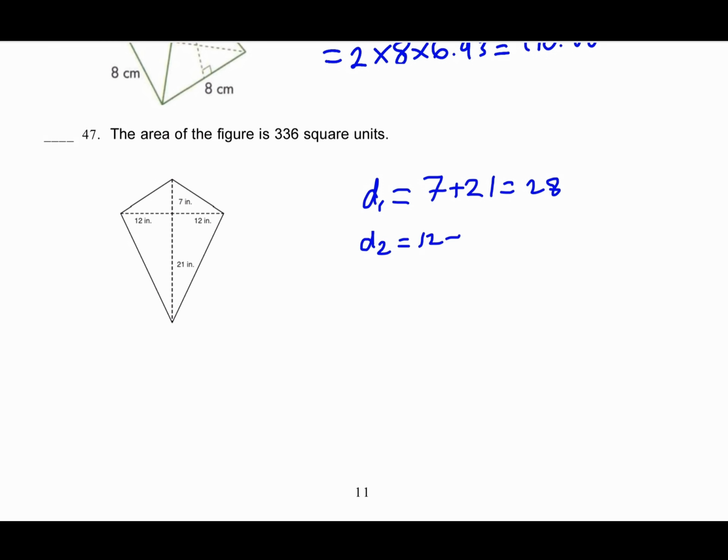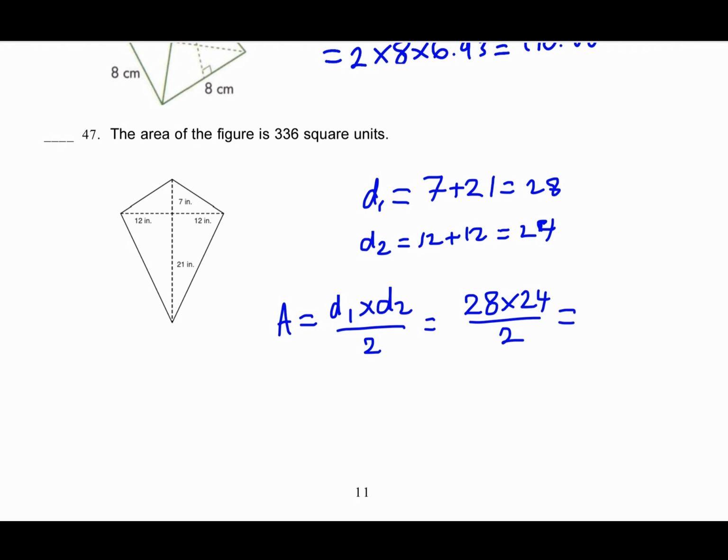D2 is 12 plus 12 equals 24. Now apply the rule, which is area equals D1 times D2 divided by 2 equals 28 times 24 divided by 2, which is 672 divided by 2 equals 336 square units. So the answer is true.